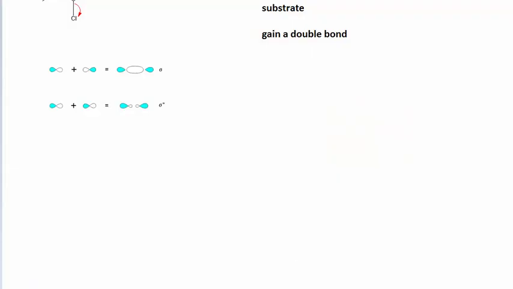Well, let's talk a little bit more about that. Hopefully you also remember that whenever you form a sigma bond, you also form a sigma antibond. To be more precise, if there is a sigma bonding orbital, there also exists a sigma antibonding orbital. Now typically the sigma bonding orbital will be filled and the sigma antibonding orbital will be unfilled.